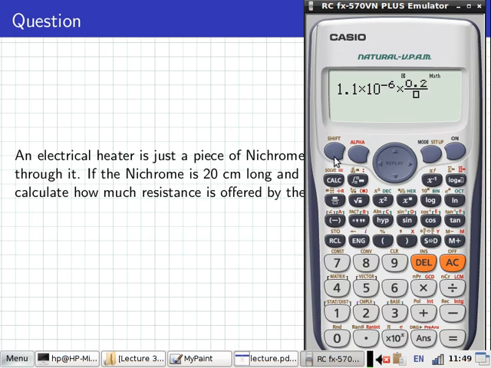And the area is pi r squared. Now what's the radius? 2.5 millimeters. Milli is 10 to what power? Minus 3. So the answer is that, which I don't think anybody got. Congratulations. 0.011 ohms. What the heck happened, folks?